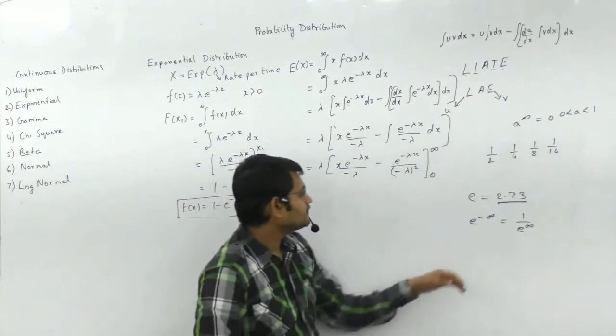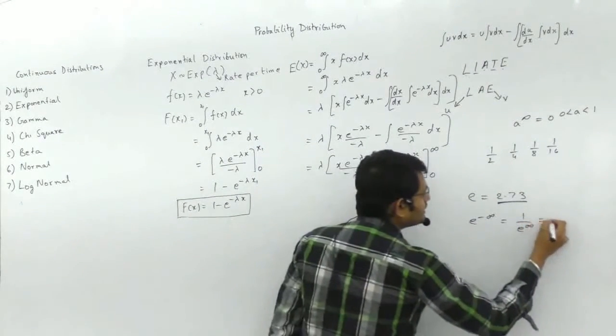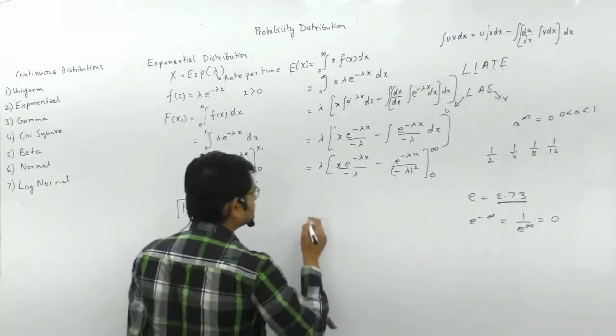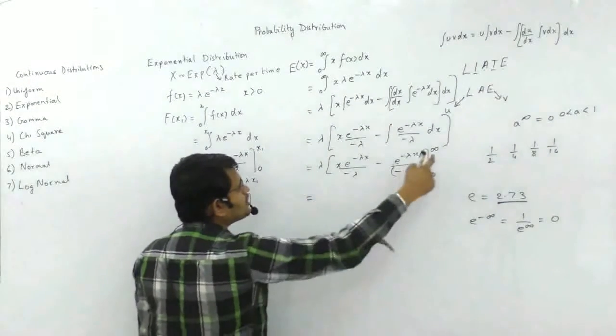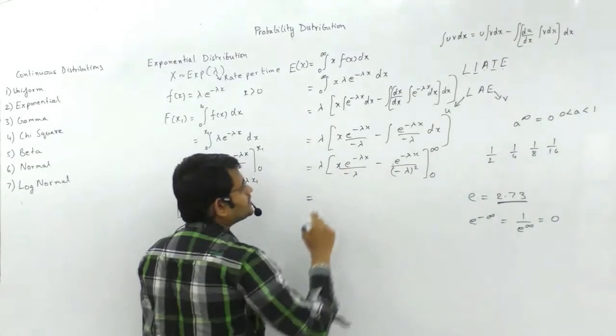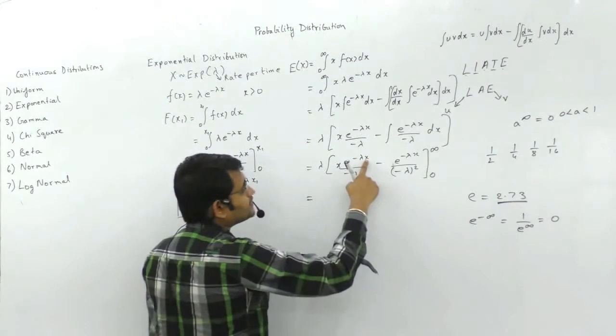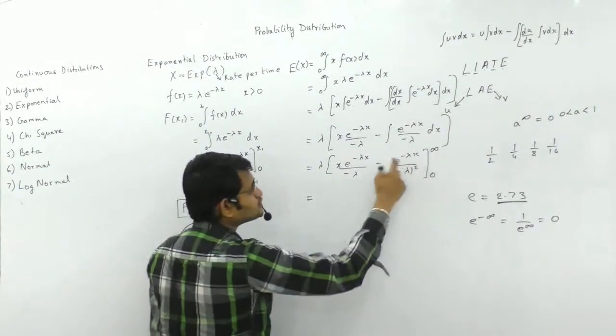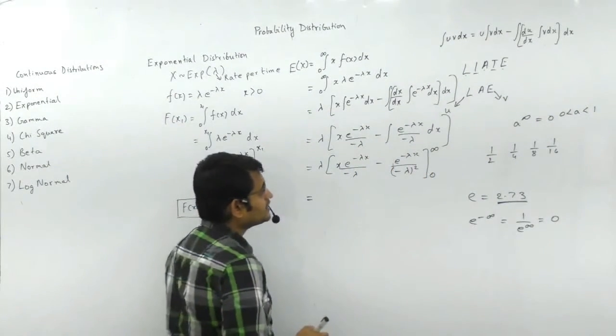Therefore we say e raised to minus infinity will be 0. So when I put e raised to minus infinity here, I am going to get a 0. When I put e raised to minus infinity here, I get a 0.